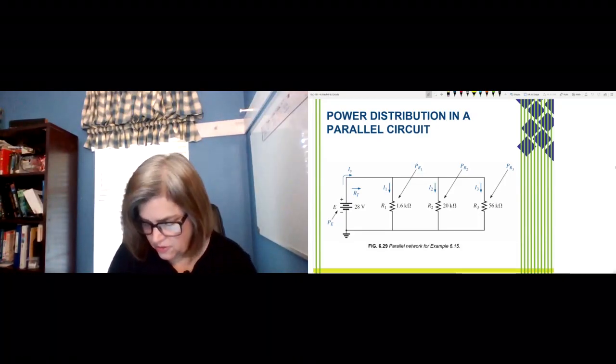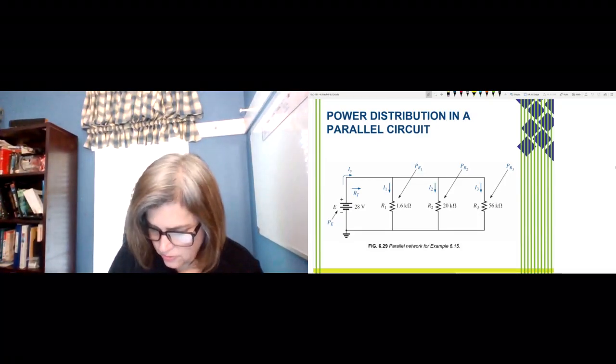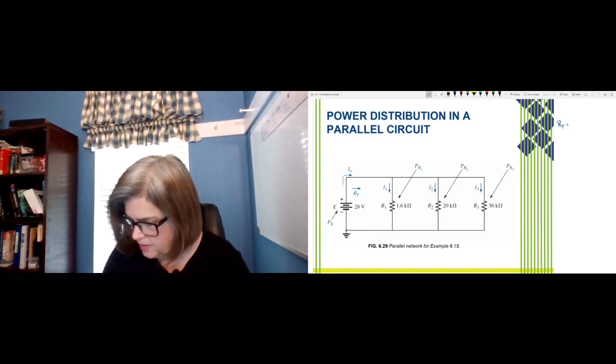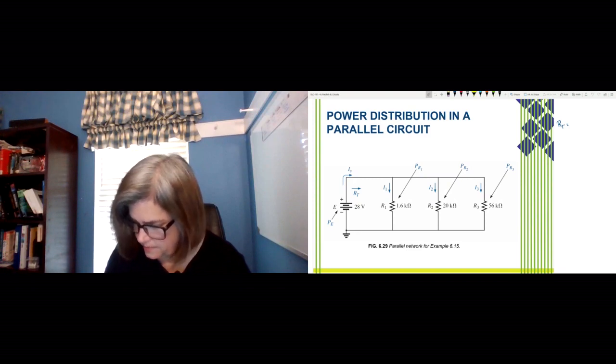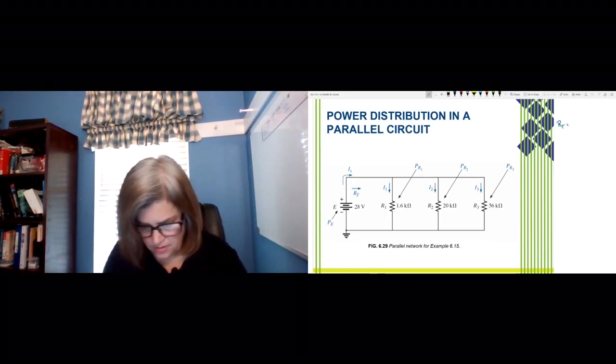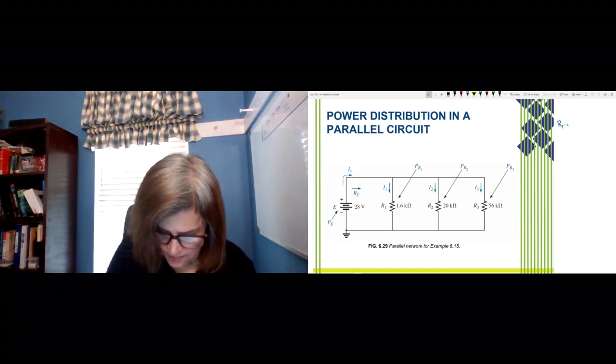So the first thing we're going to do is find our total resistance, and you can be working through this with me. We've got 20K and 56K. So our RT would be 1.44K.